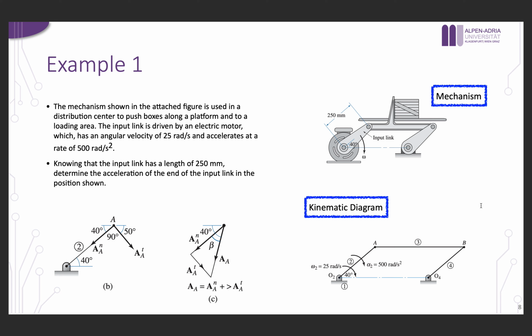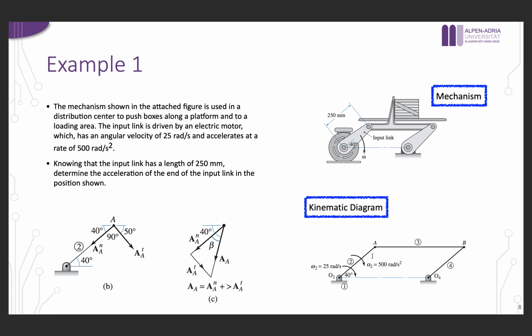So the mechanism is used to push these boxes, for example. The input link, which is this one, is driven by an electric motor, which has angular velocity and acceleration. Usually the angular velocity and acceleration of the driver link are linked to the electric motor, which you control, which means your inputs are this velocity and acceleration.